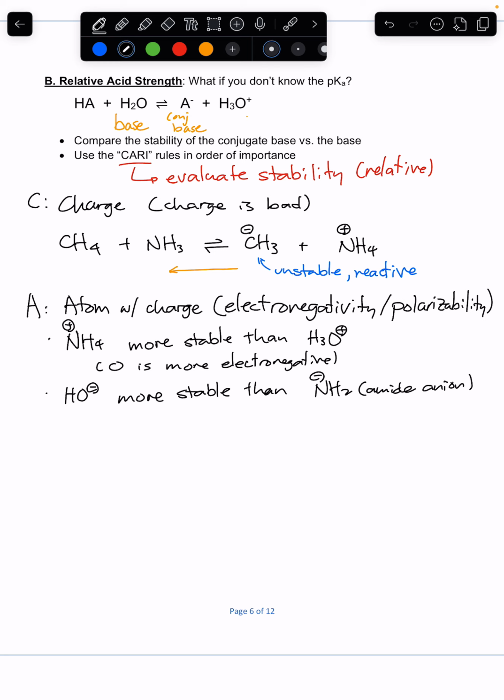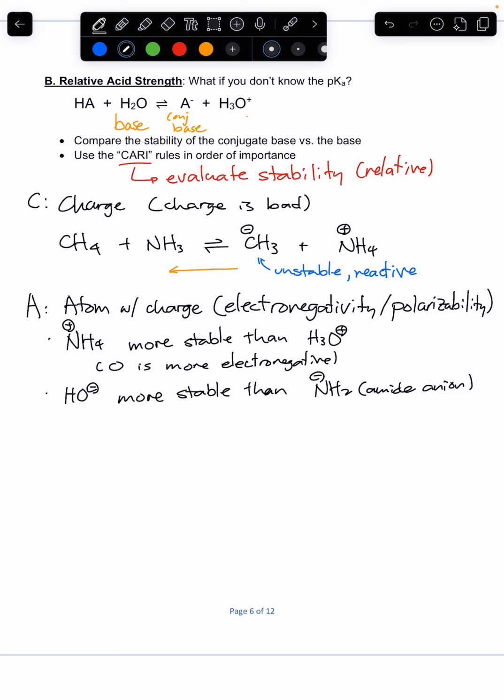Well, again, because oxygen is more electronegative than nitrogen. So if you're going to have a negative charge, it's better that it's on an oxygen, which wants electrons more than a nitrogen, which doesn't want the electrons as badly as oxygen. Because remember, what confers the negative charges? The electrons. And because oxygen is more electronegative, it's worse to put a positive charge on oxygen than on nitrogen. I hope that makes sense.